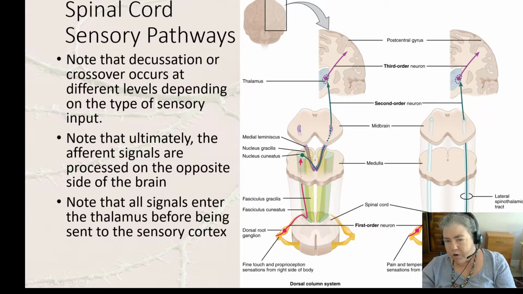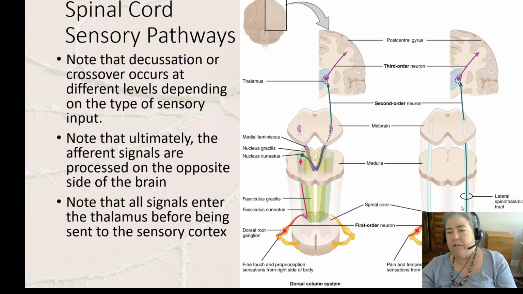So the information comes in. There is the peripheral process, the central process, and then a synapse with a second order neuron in the spinal cord, where those signals ascend through something called the lateral spinothalamic tract.